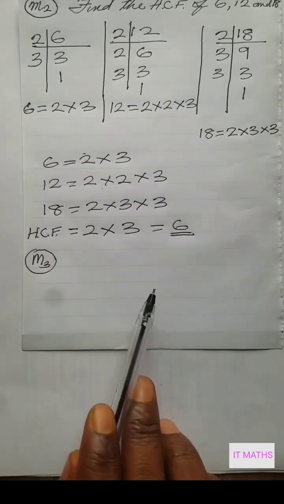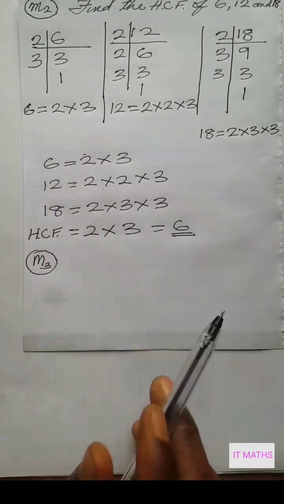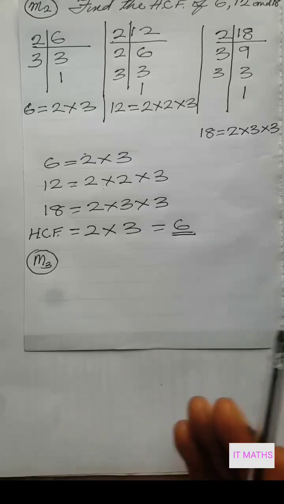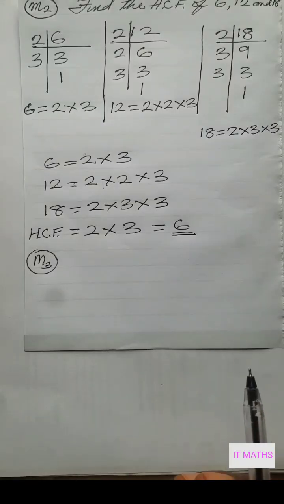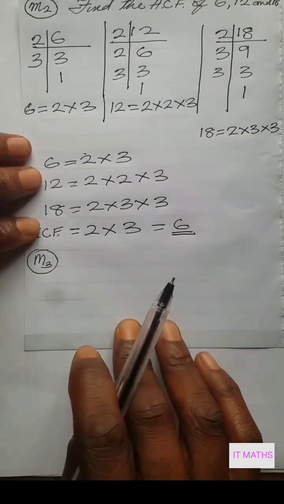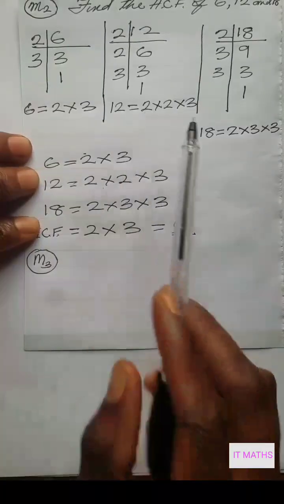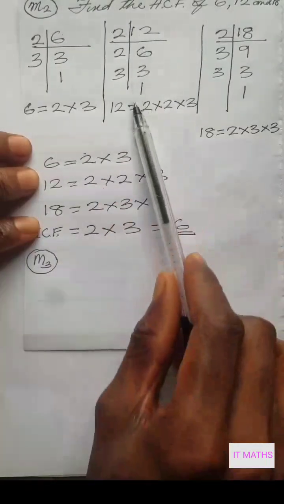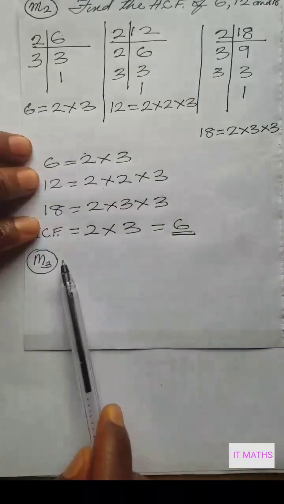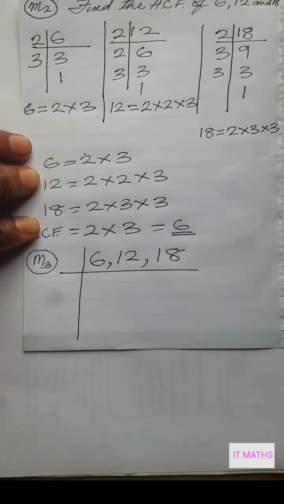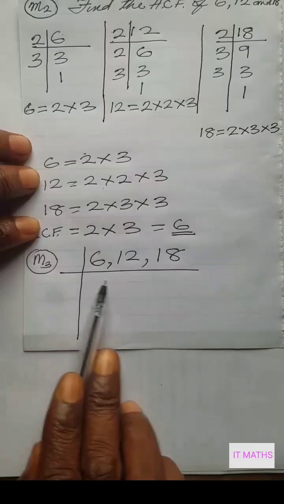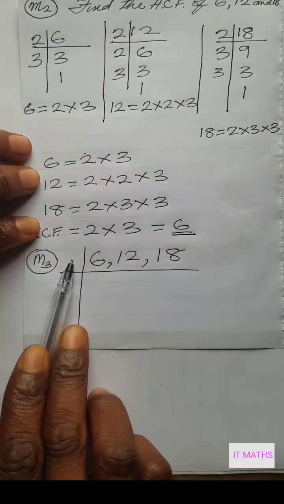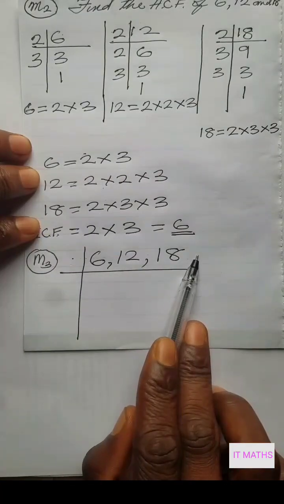This third method looks like the second method, but it's easier and faster. Why? Because in this third method, we won't be wasting time treating each number separately. We'll put them all together in one place, and we will only pick common factors. What do I mean?